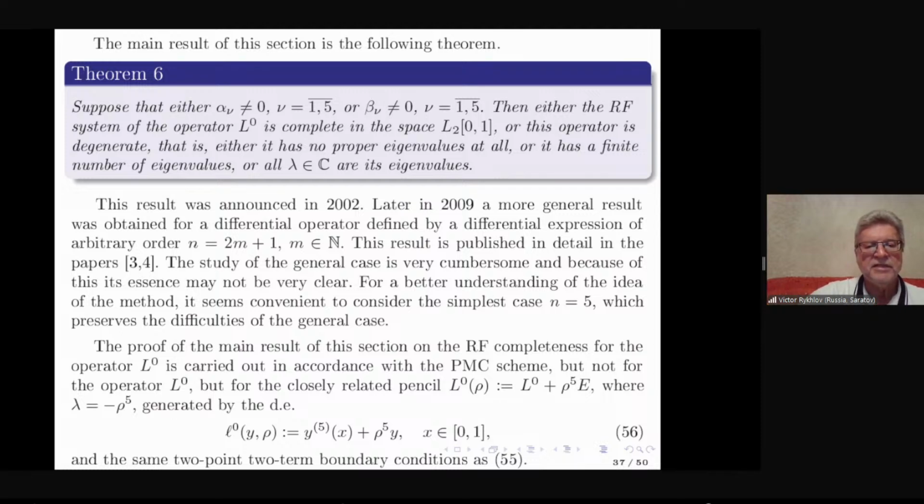The proof of the main results of this section on the root function completeness for the operators L0 is carried out in accordance with the PMC scheme, but not for the operator L0, but for the closely related pencil L0 of rho equals L0 plus rho to the fifth power times the identity operator, where L equals minus rho to the fifth power, generated by the differential expression 56 and the same two-term boundary condition 55.